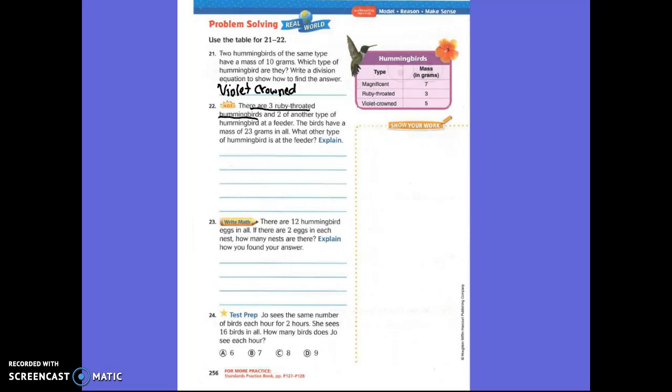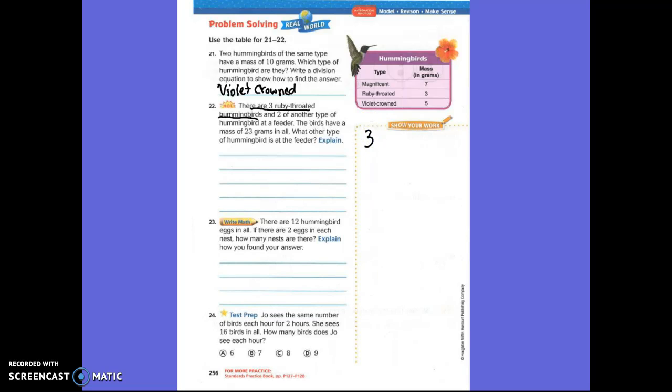So, look at the ruby-throated hummingbird. How much does it weigh? 3 grams, not pounds, they're grams.